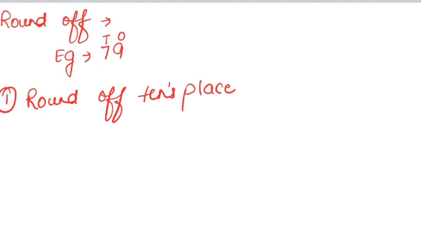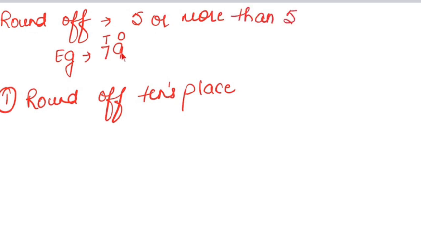Next, if the digit at one's place is 5 or greater, like 5 6 7 8 9, we add 1 to the digit at tens place. Like here, one's place is 9, which is more than 5, so you have to add 1. It means 79 plus 1 is 80.